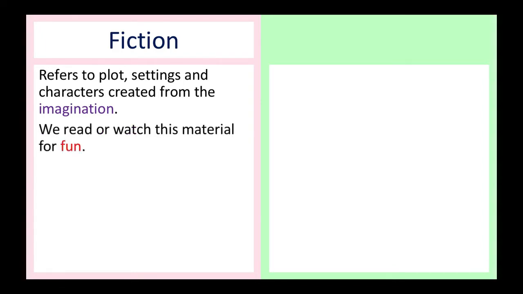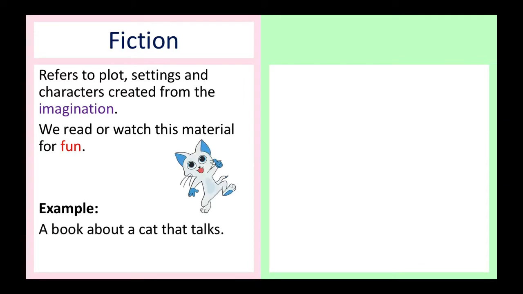We read or watch this type of material for fun. For example, a book about a cat that talks. We know this can't be real, and it's created from the imagination, and the book is there to read for fun. Therefore, it's fiction.